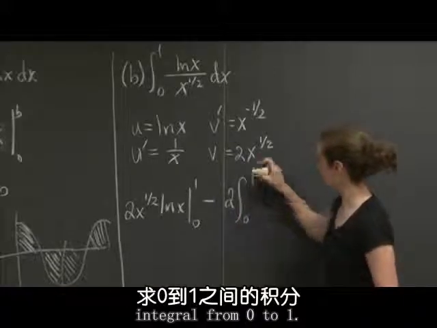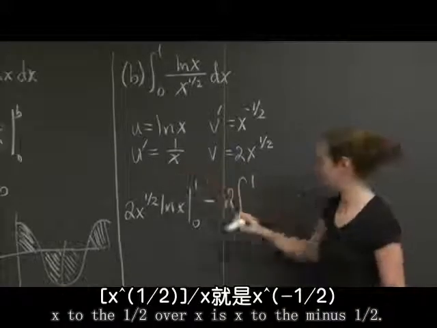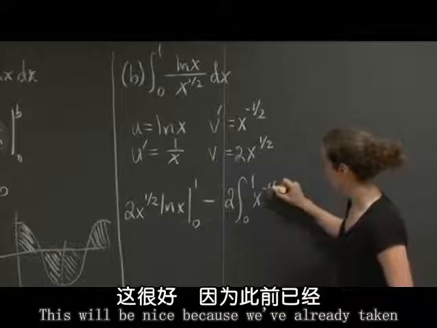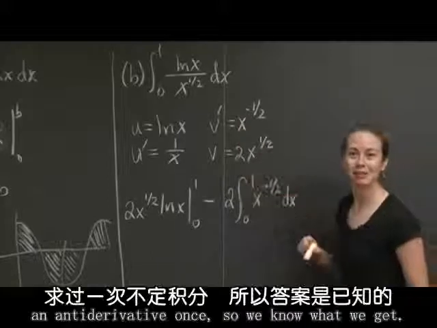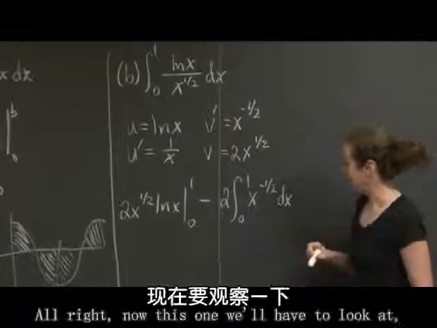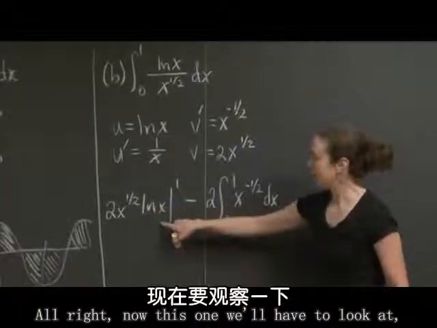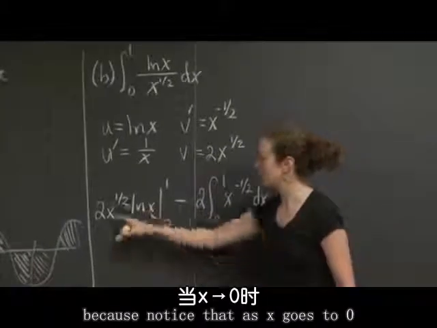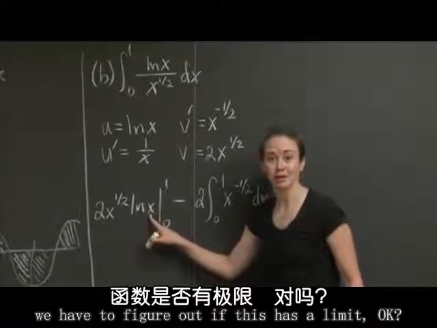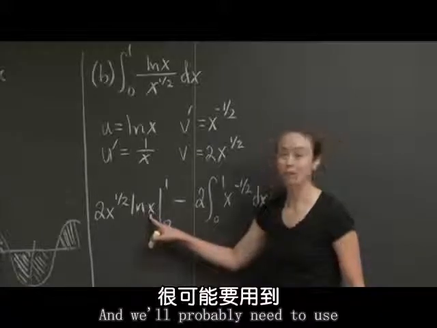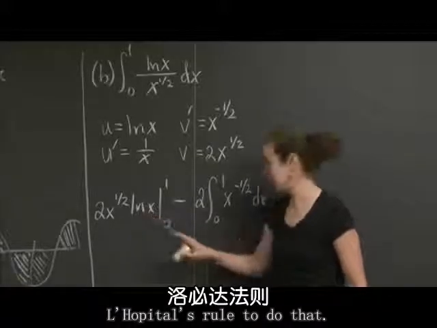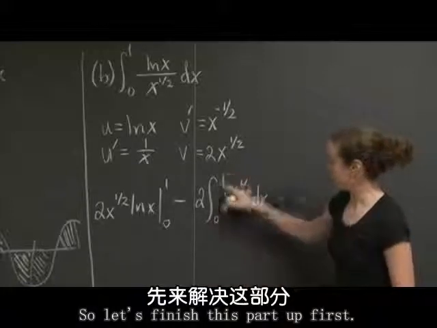Integral from 0 to 1, x to the 1/2 over x is x to the minus 1/2. This will be nice because we've already taken an antiderivative once, so we know what we get. Now this one we'll have to look at, because as x goes to 0, we have to figure out if this has a limit. And we'll probably need to use L'Hopital's rule to do that. So let's finish this part up first.